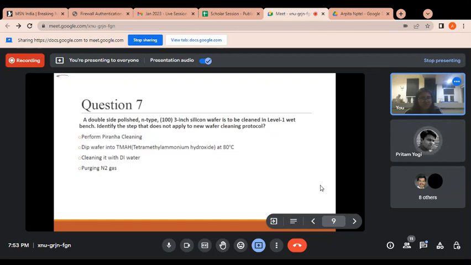Yes, yes. And what is TMAH? Why do we dip the wafer into the TMAH? TMAH, I don't have an idea. Okay. Anyone else? A.R. Venkataraman?